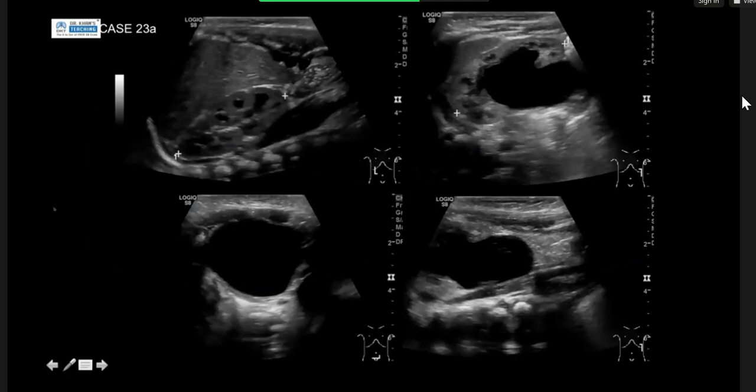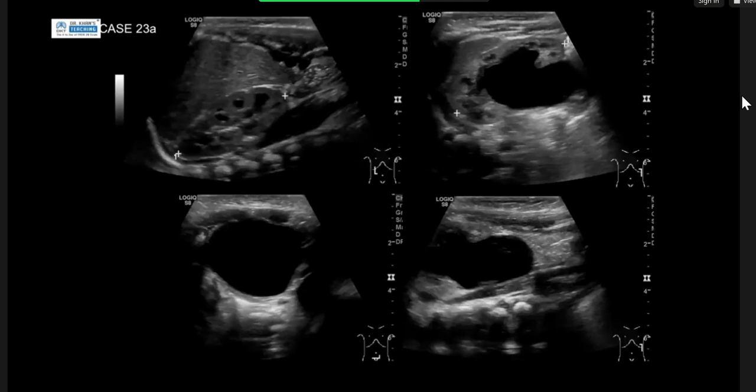Okay, so again, I'm looking at the longitudinal image. The markers are on the right side. The right kidney appears normal in this view, and in the next view on the left side, I appreciate there is marked dilatation of the renal pelvis up to the proximal ureter.